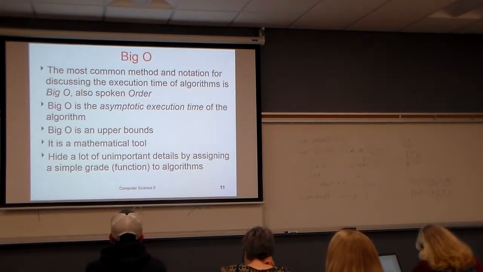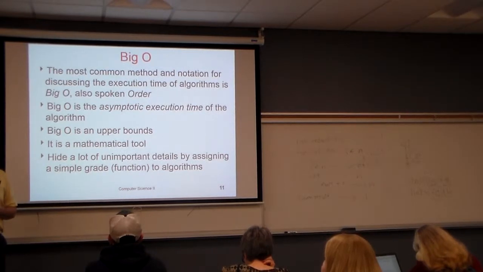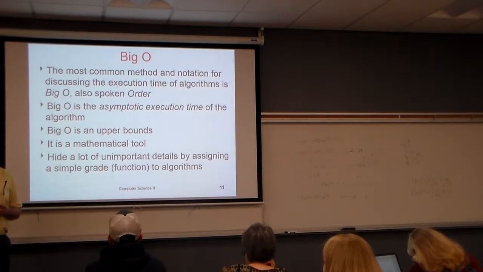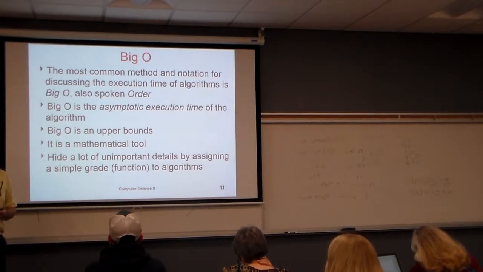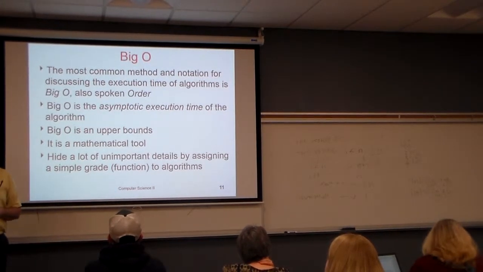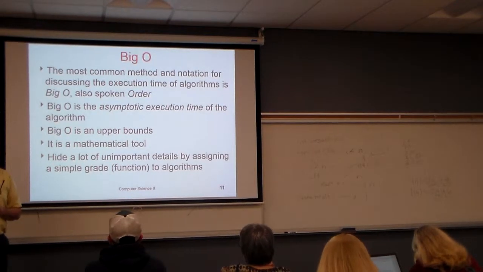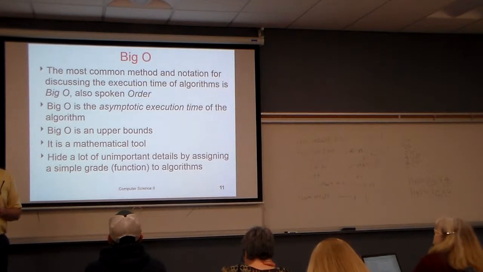What we use is what is known as big O notation. And big O is just a big O. That's all it is. There's also a big theta you might hear of. For those of you who are comp sci majors, you will get more of this down the road. And then there's also a big omega. What we're talking about is big O, and we're talking about an upper bound. We want to know how bad it's going to get, but no worse.